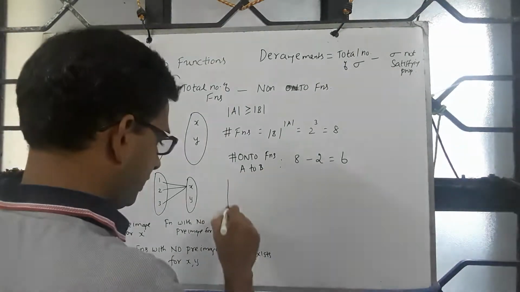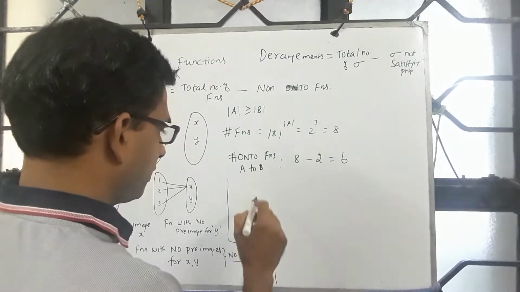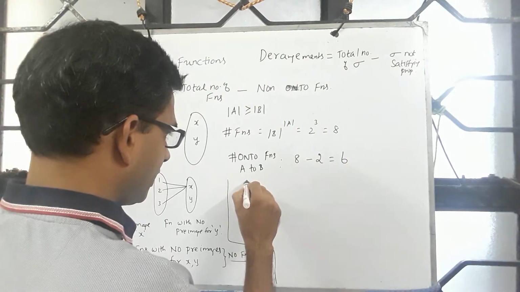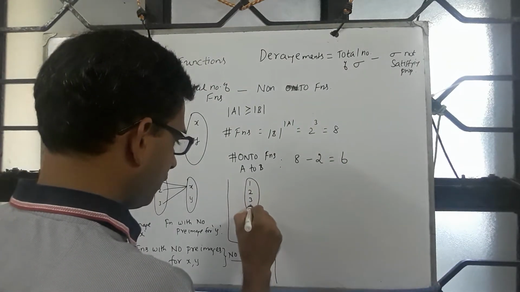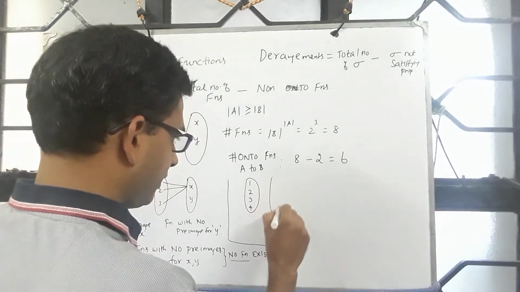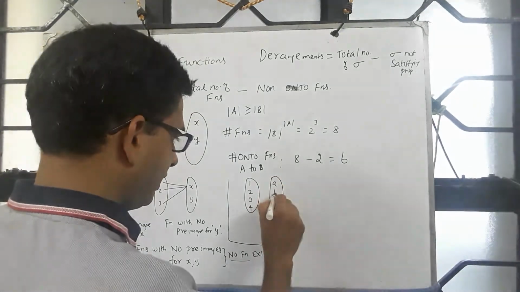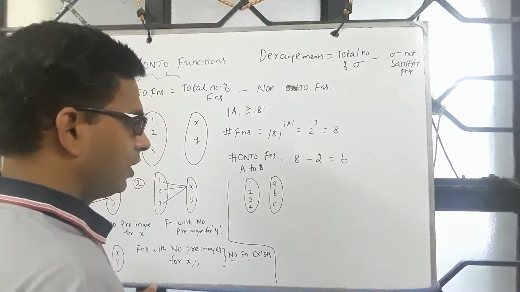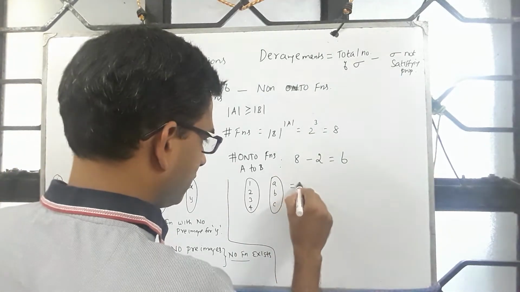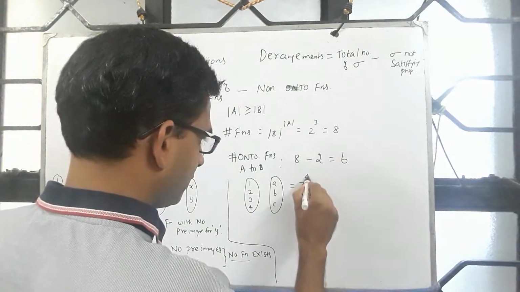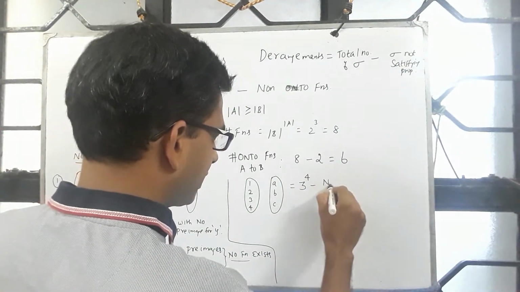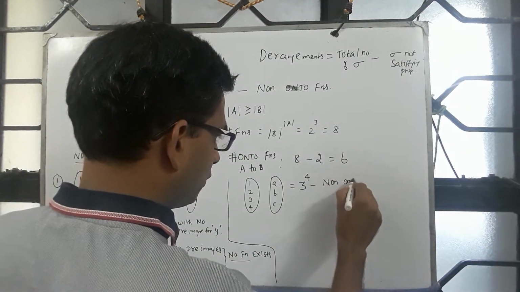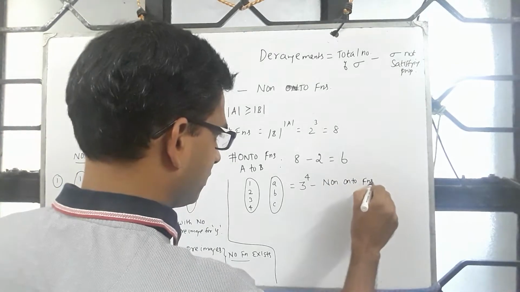Okay, so on a similar line, let's look at the cardinality of A, say 4, and the cardinality of B, say 3. So how many functions are there? The total number of functions is 3 power 4 minus, we want to subtract non-onto functions.